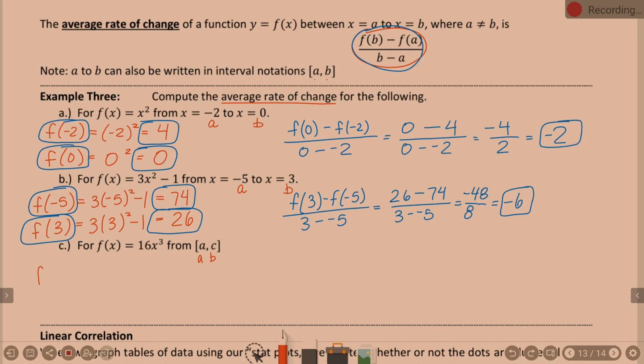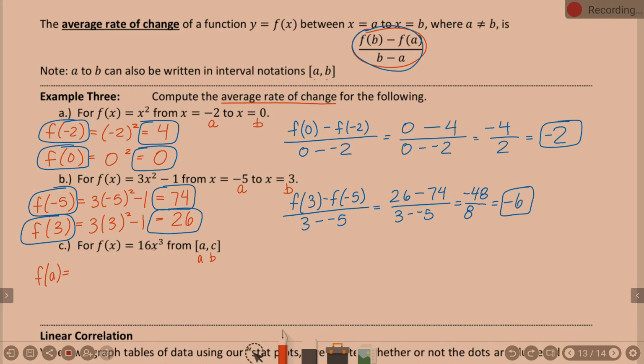Think with me. What's f of a going to be? No. We're taking a and putting it in place of x. 16a cubed. Basically, x, or a, goes in place of x. Do we know what a is?